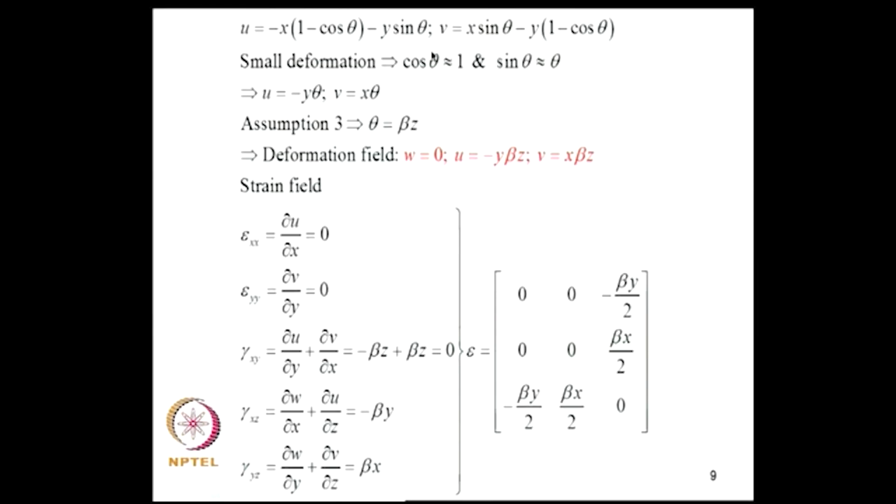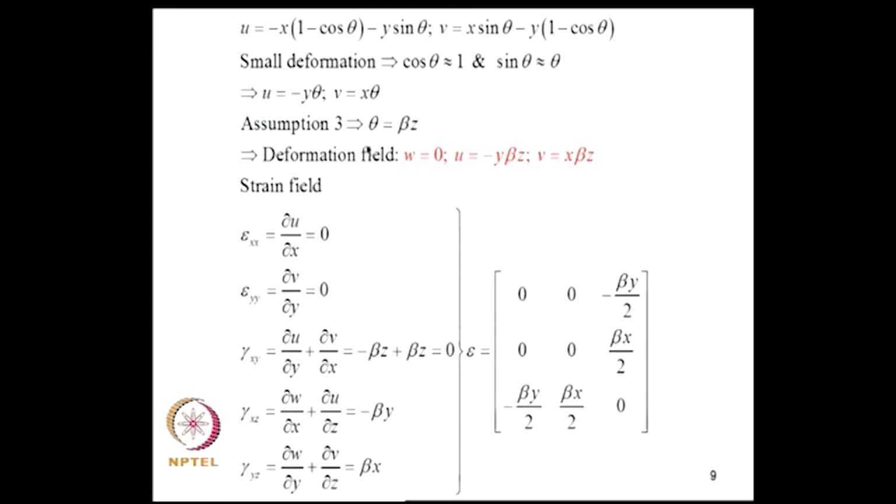Now, if we introduce the additional assumption that deformation is small, I can simplify this as cos theta is approximately 1 and sin theta is approximately theta, and I get u is minus y theta and v is x theta. Now, according to assumption 3, theta will be beta into z.